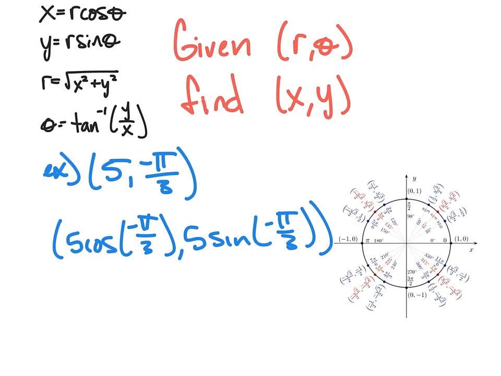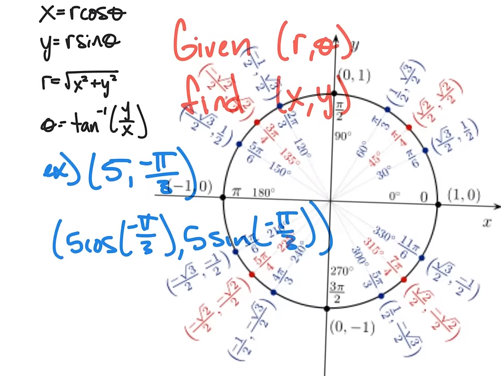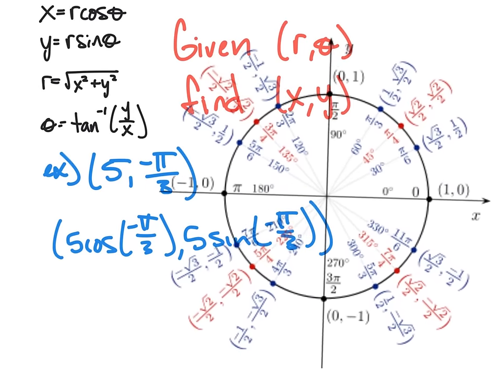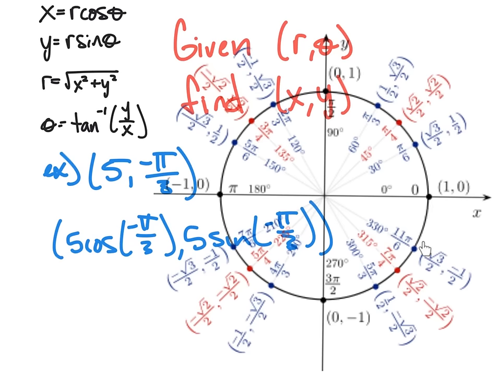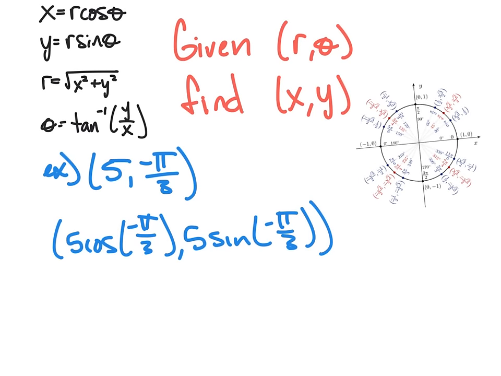Now at this point I'm going to use this unit circle to find what the cosine and sine of negative pi over 3 is. So at negative pi over 3, it'll be right here. The cosine is a half and the sine is negative square root of 3 over 2. I'm going to put that away for a second.